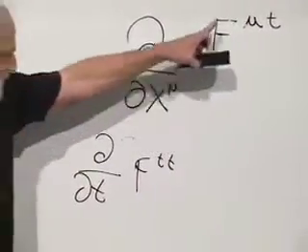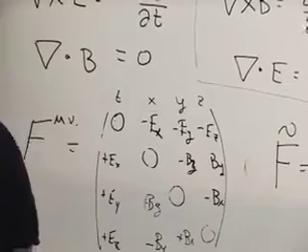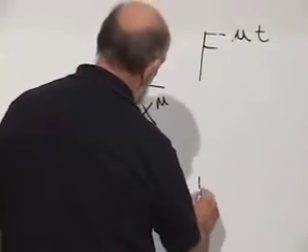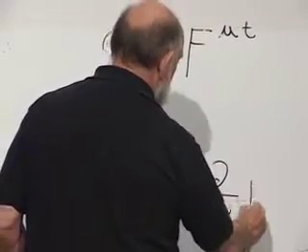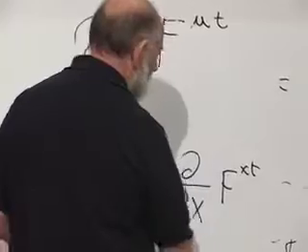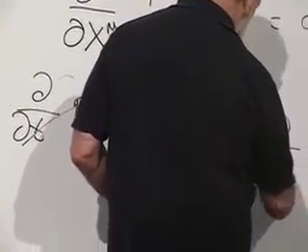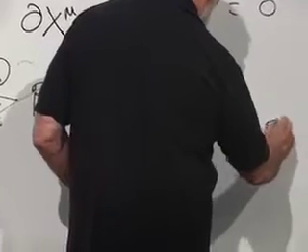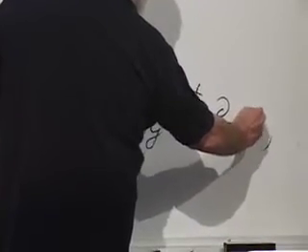That's mu equals t. But that's 0. F tt, that's right here. That's 0. And then we have d by dx of F xt plus d by dy of F yt plus d by dz of F zt.